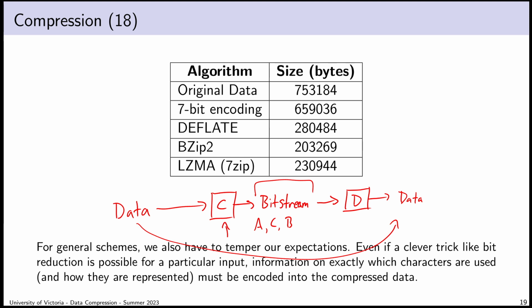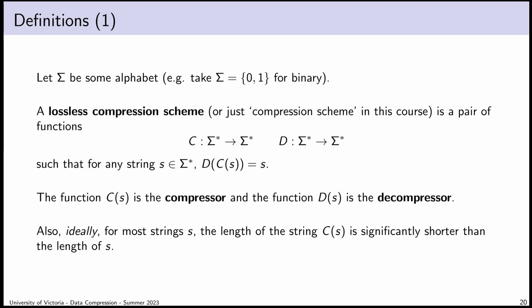So any cleverness the compressor uses has to be somehow communicated to the decompressor. And that creates overhead. And that's our great enemy when we're designing a compression scheme: all the cleverness in the world could be defeated by the amount of overhead I need to communicate what I'm doing to the decompressor. Now, we're finally ready to have some kind of mathematical definition.